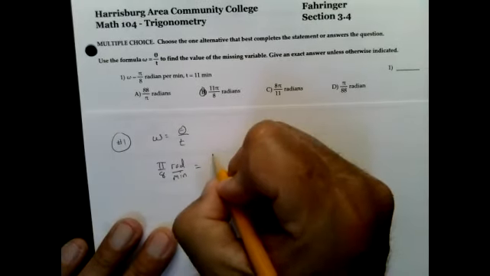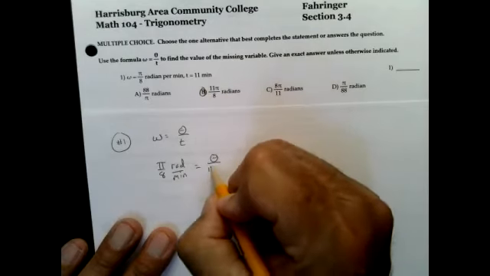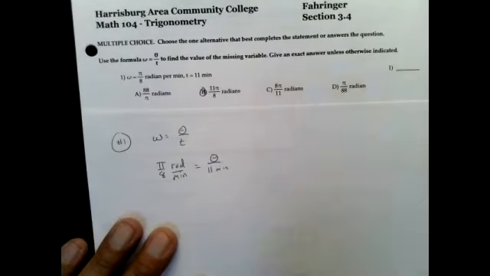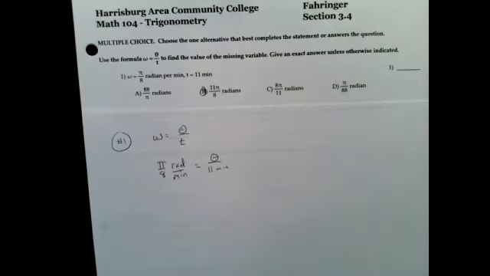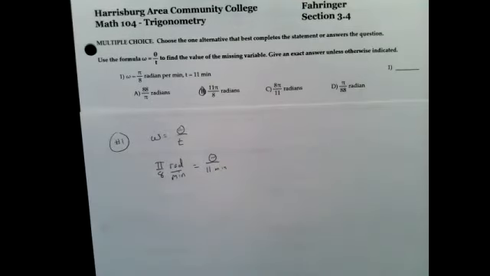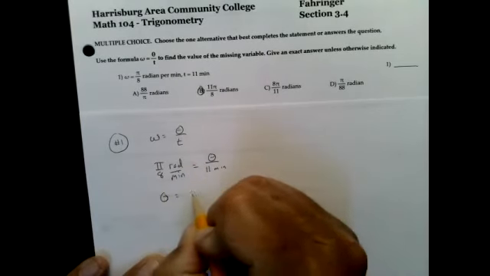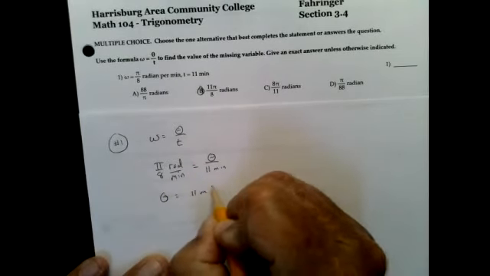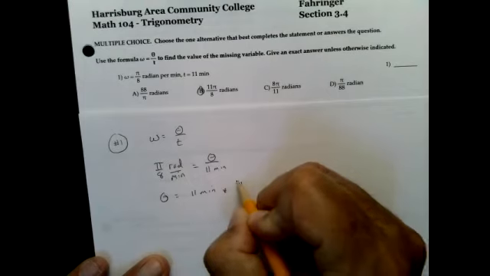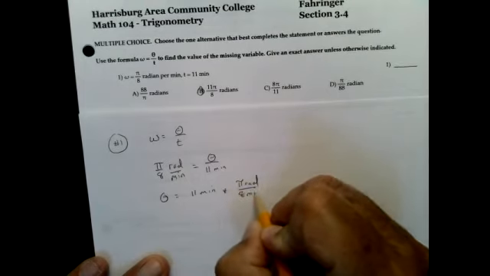Equals, I have theta over T, which is 11 minutes. I'm going to get theta alone. I'm going to multiply both sides by 11 minutes. Theta equals 11 minutes times pi radians over 8 minutes.